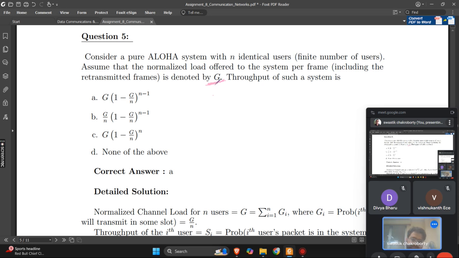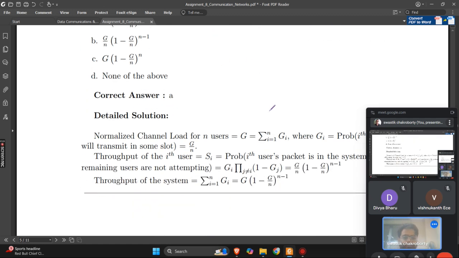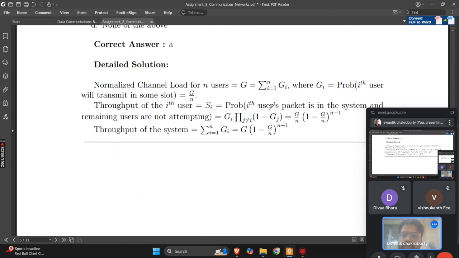Now we have been asked to find the throughput in terms of this G, not the G that we have learned about previously. So this one is a bit tricky.